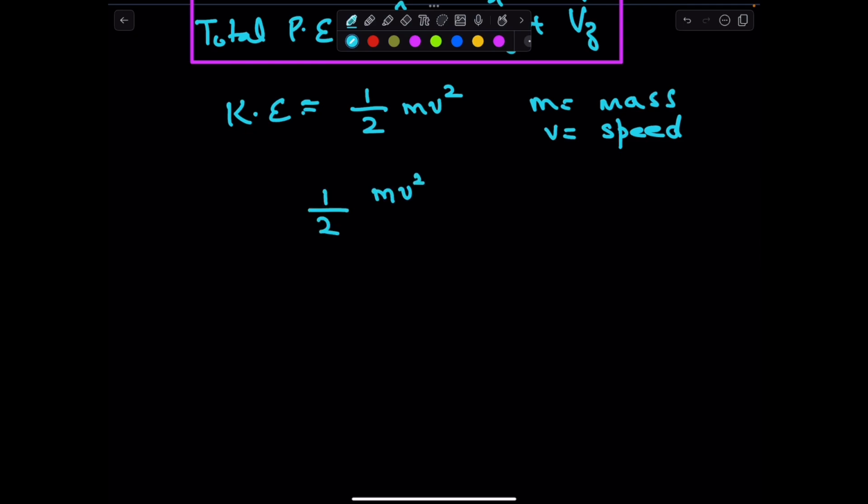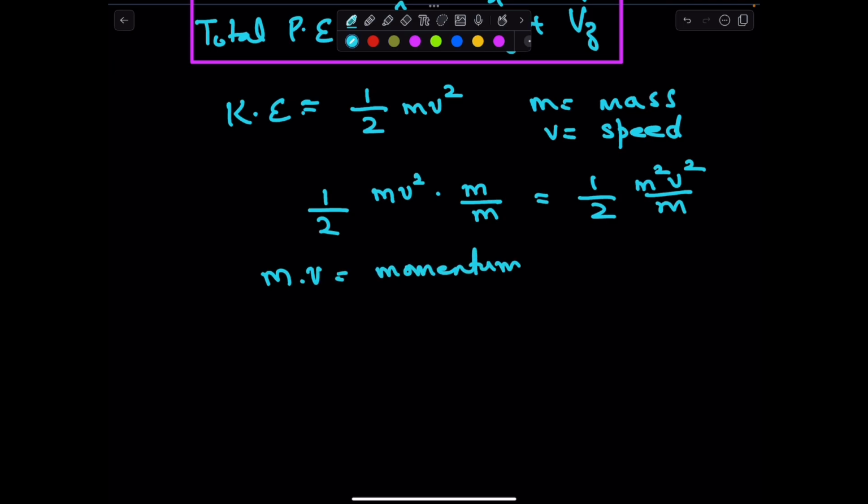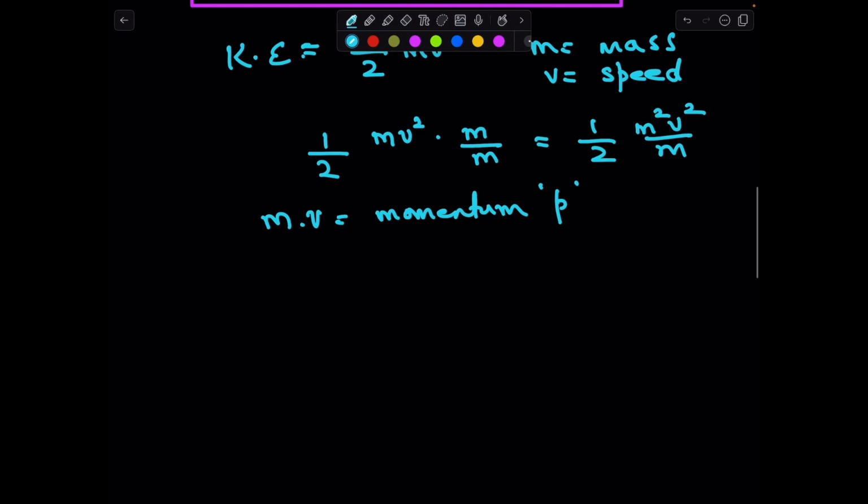Multiplying the numerator and denominator by m, we get half m squared v squared over m. m times v is the momentum, which is p, the linear momentum p that we saw before. So we can write kinetic energy as half p squared over m.